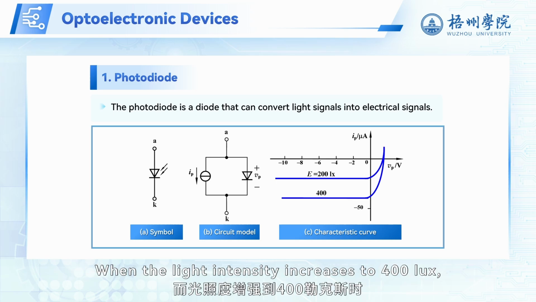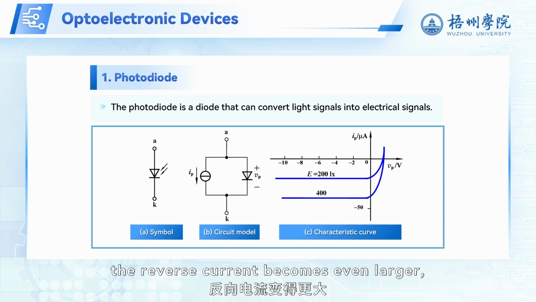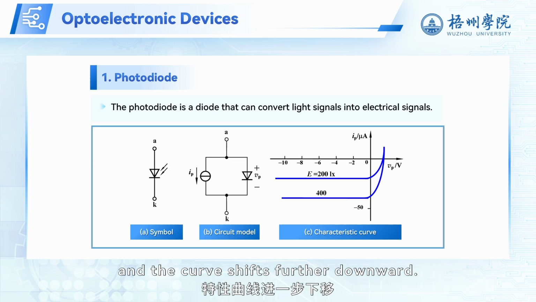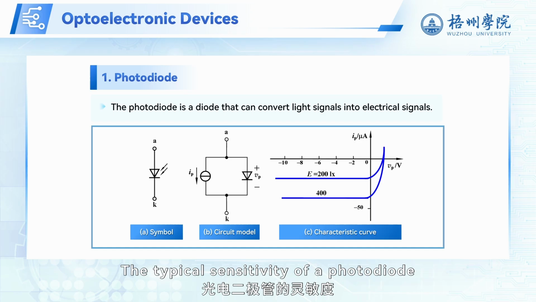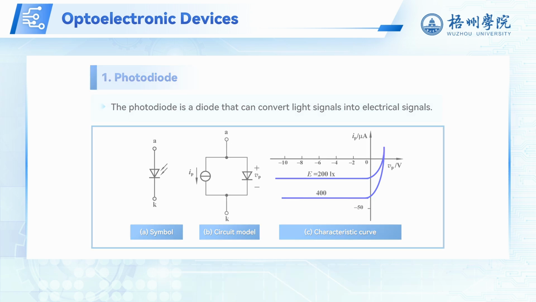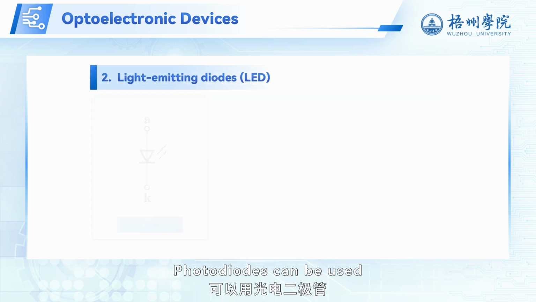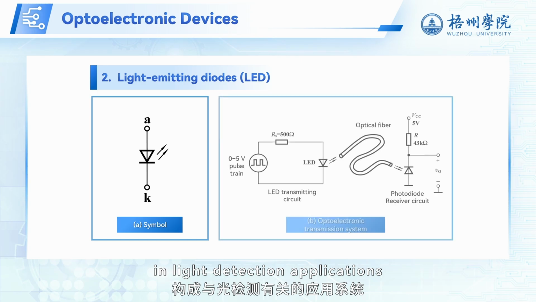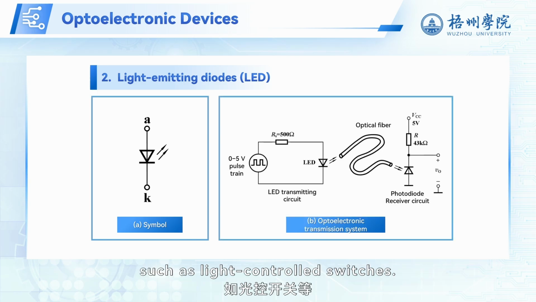When the light intensity increases to 400 lux, the reverse current becomes even larger, and the curve shifts further downward. The typical sensitivity of a photodiode is about 0.1 microamperes per lux. Photodiodes can be used in light detection applications such as light-controlled switches.